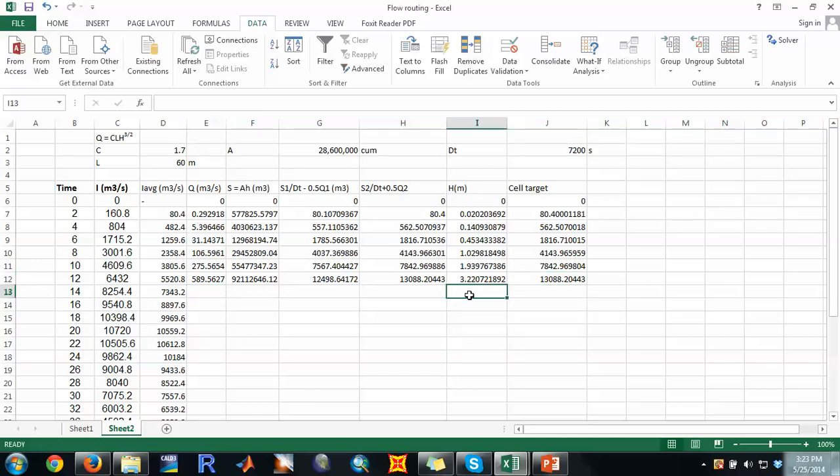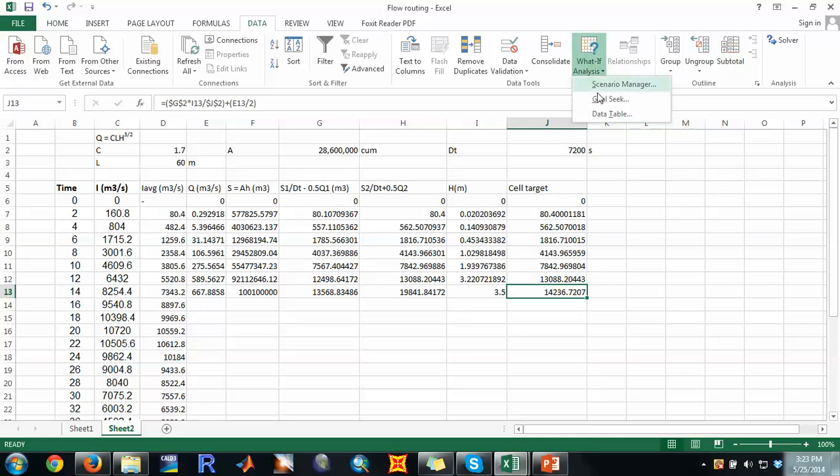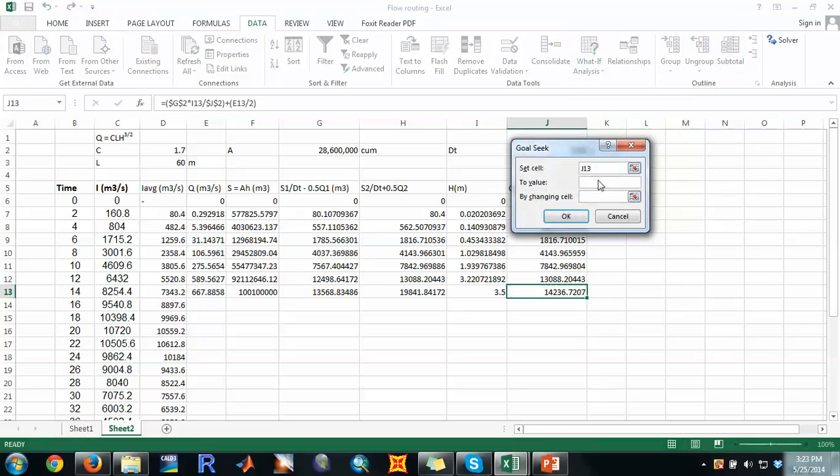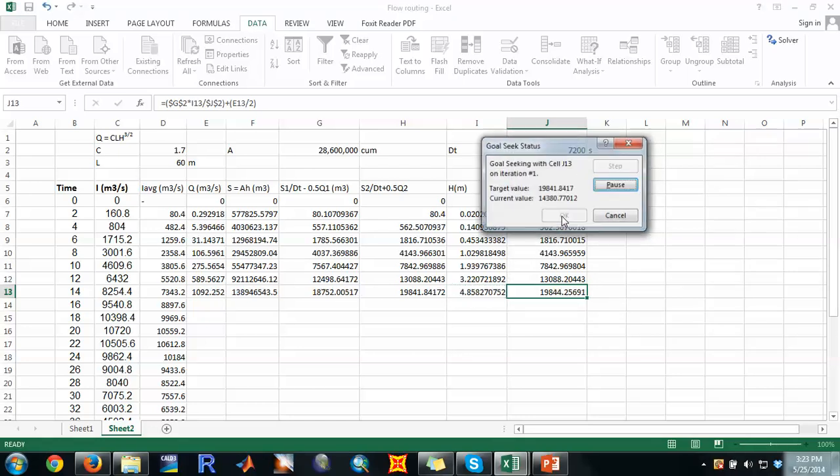Again you can have some other value, 3.5 for example. You can calculate this value, and then Goal Seek, and set the value to 19841.8417, and change these values.